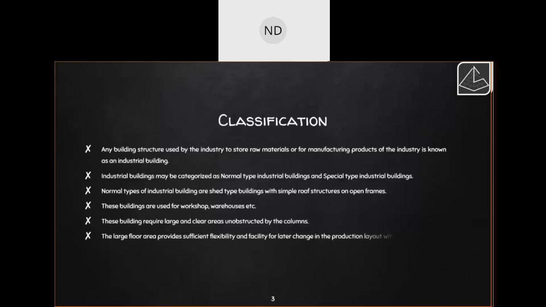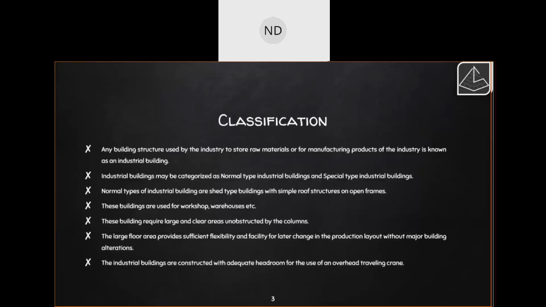A large floor area provides sufficient visibility and facility for later change of the production layout without major building alterations. The industrial buildings are constructed with adequate headroom for the use of an overhead traveling crane.